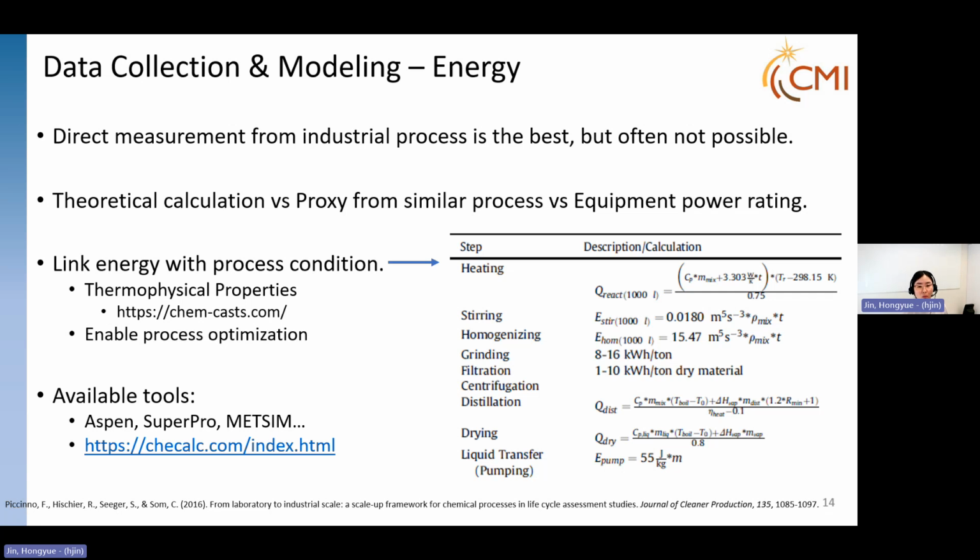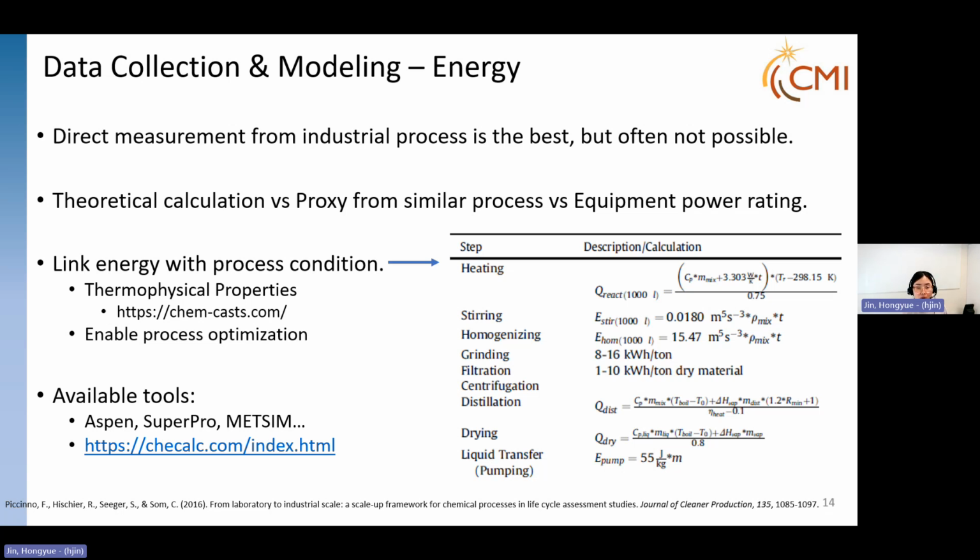For example, when we centrifuge 10 milliliters of liquid in a very small lab centrifuge, it will be very different in energy consumption, in terms of dollars per liter of centrifuged liquid, when we scale up to industrial scale. So there are some equations or methodologies out there that can help us calculate the energy consumption theoretically.